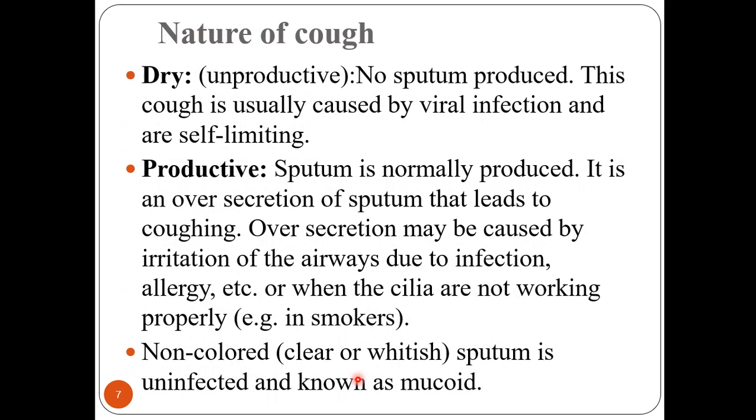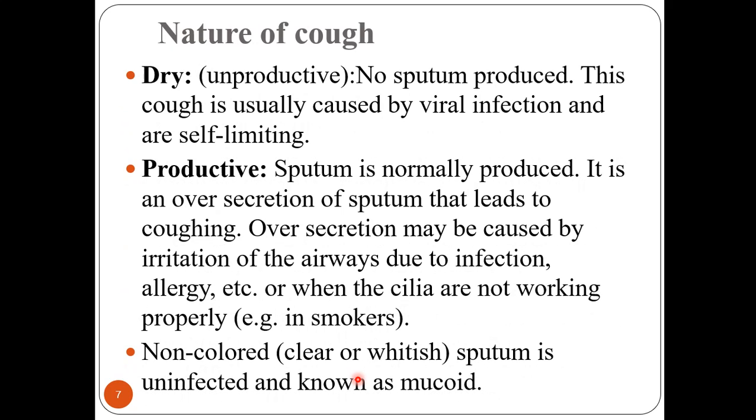You should also know the nature of the cough. Is it a dry, unproductive cough, in which no sputum is produced? This cough is usually caused by viral infection and is self-limiting. Productive cough, in which sputum is normally produced, is caused by over-secretion of sputum that leads to coughing.